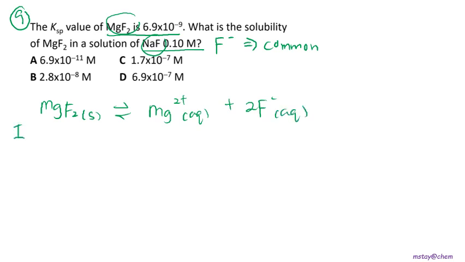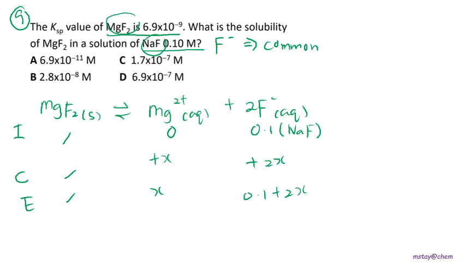So initially there is no Mg2 plus from the MgF2, but there is 0.1 molar F negative, which is from the NaF. Magnesium fluoride is solid, we can ignore it. Mg2 plus changes by x, and this one will be plus 2x. So at equilibrium, we have x and 0.1 plus 2x.